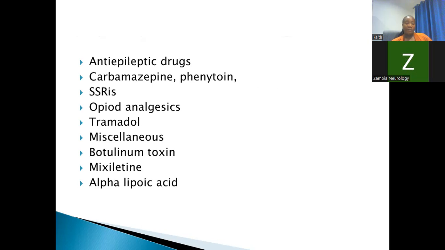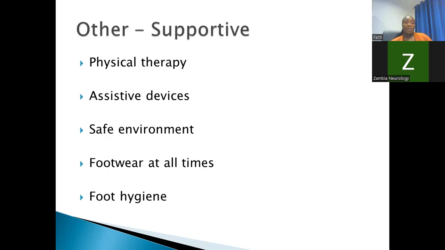You also have anti-epileptic drugs like carbamazepine, and selective serotonin receptor inhibitors can also be used. You can have opioid analgesics like tramadol and other options such as botulinum toxin in cases of extreme peripheral neuropathy.